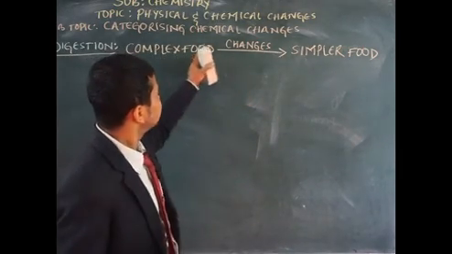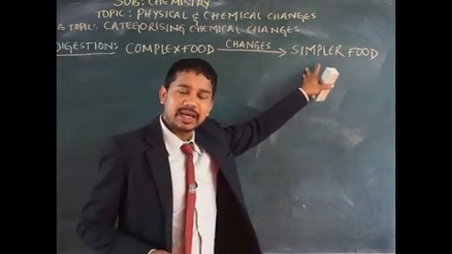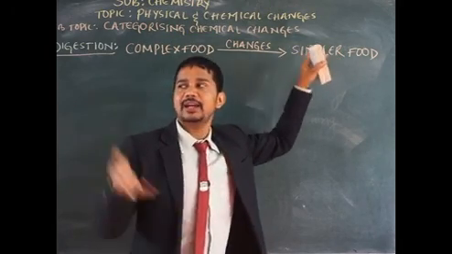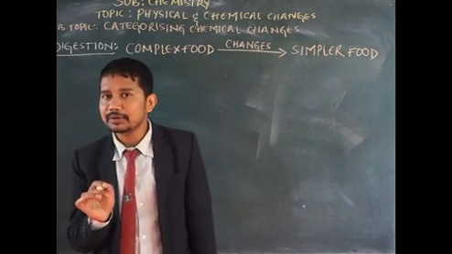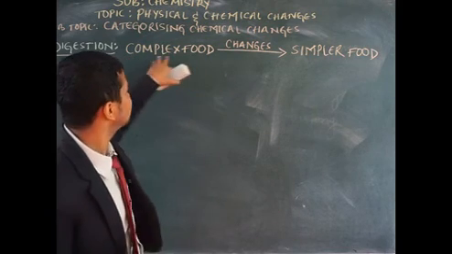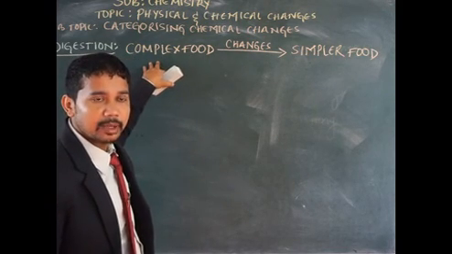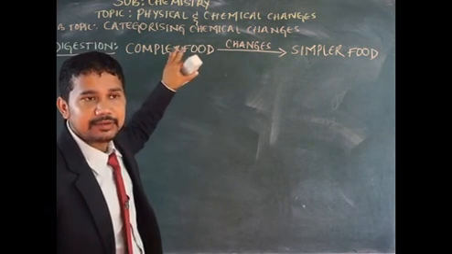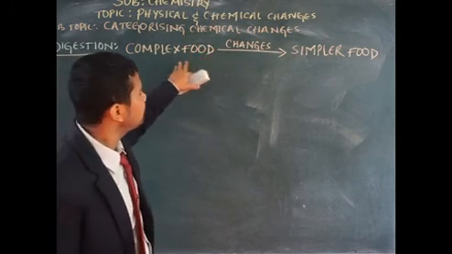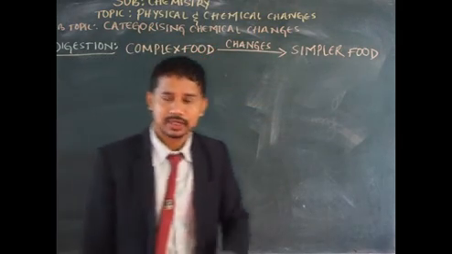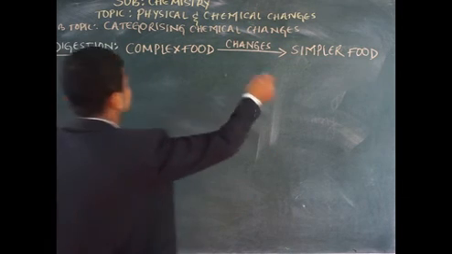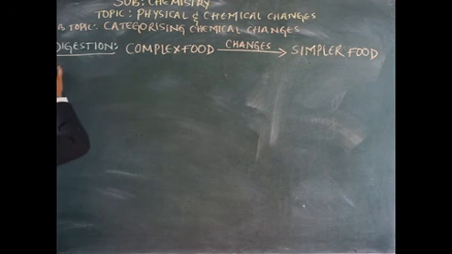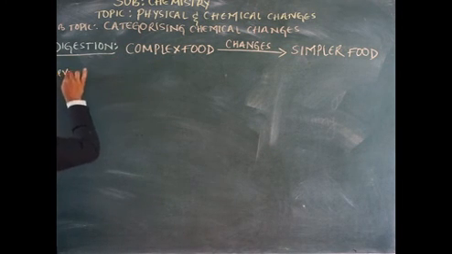Once it converts to simpler food, this simpler food cannot be converted back to complex food. It means the change is an irreversible change and a new substance is formed. That means digestion is irreversible.